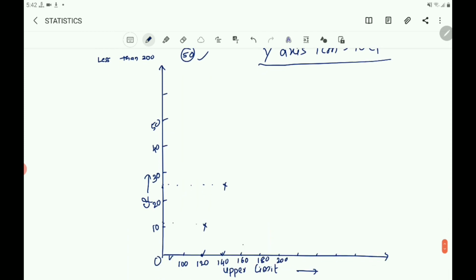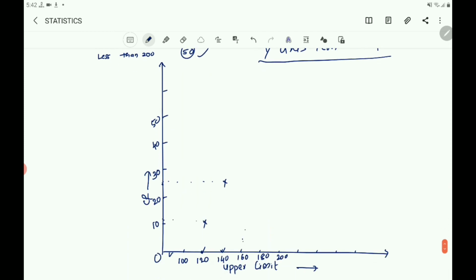Next, 160, 34. 34 means less than 35, so you will get it here.